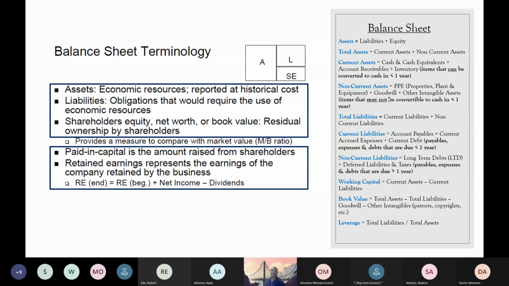Goodwill essentially means the good name the company has. In accounting, companies are actually allowed to calculate the worth or the value of how they are perceived in the marketplace.